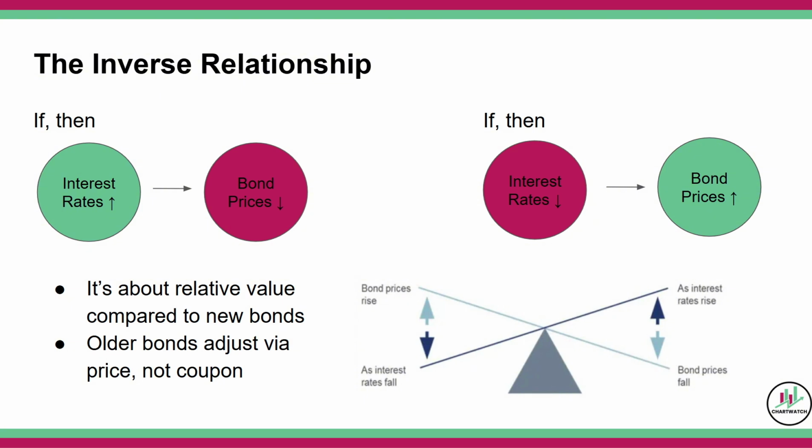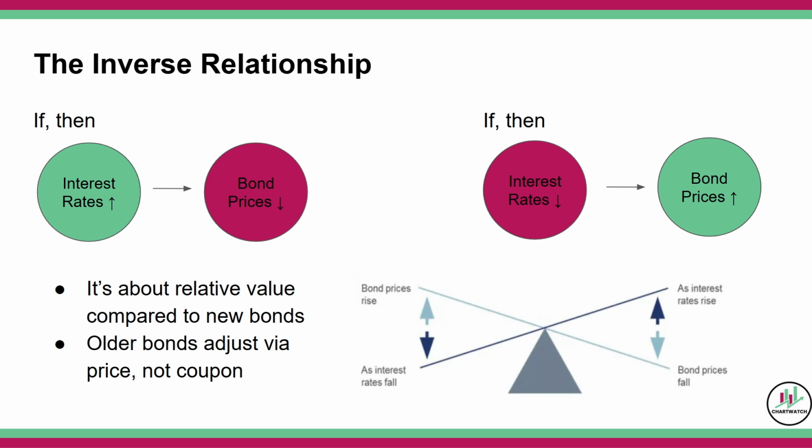On the other hand, if interest rates drop to 3%, then your 5% bond is much more attractive. It now pays more than the market average, so investors are willing to pay more to get that fixed return. Your bond will now trade at a premium above face value. The important thing to understand is that your bond's coupon never changes, but its price adjusts so that its effective return, called the yield, stays competitive with current market conditions.